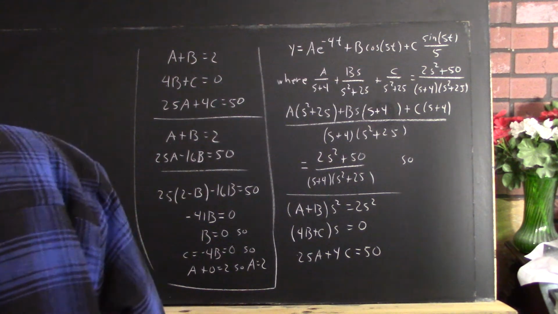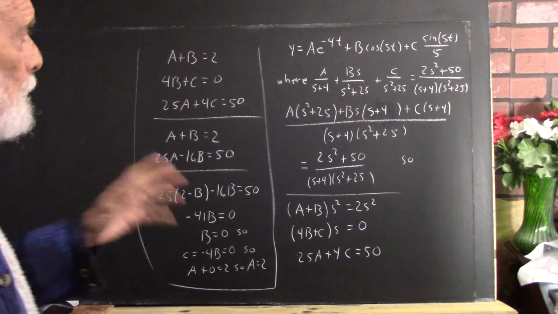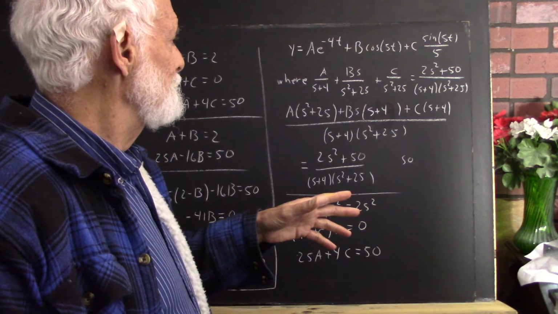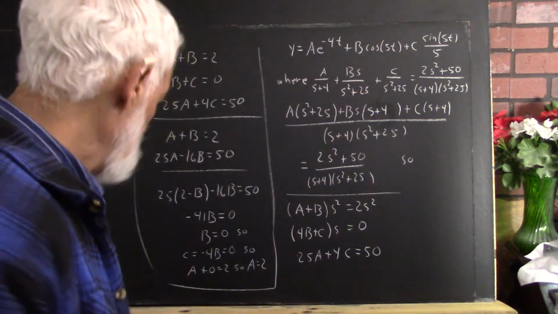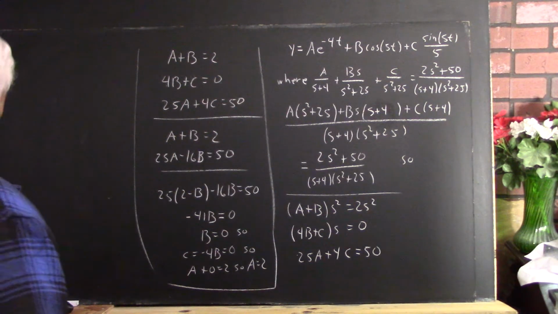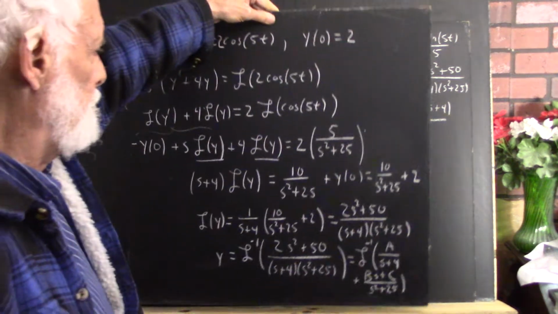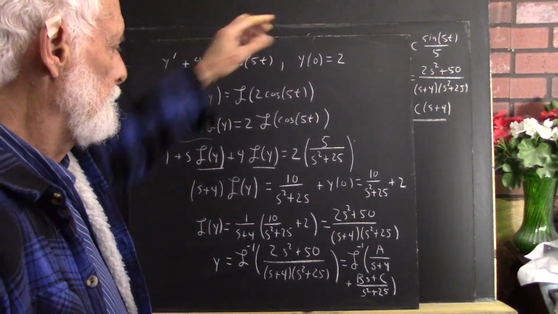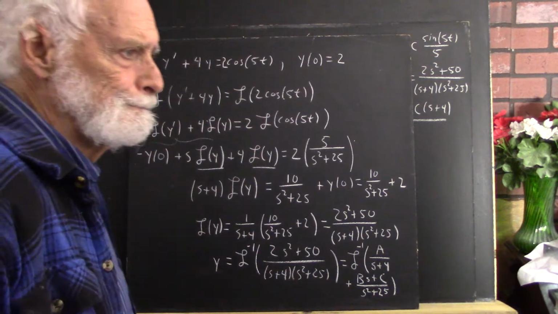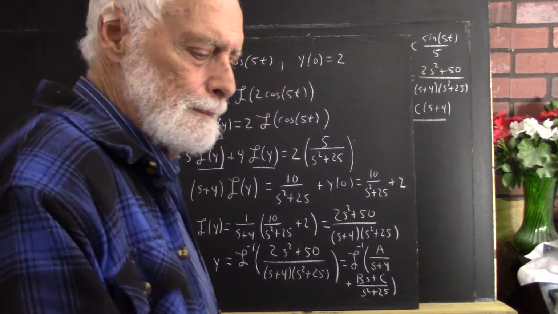It's where I had the y of 0 equals 2, which is what's going to say a lot about these coefficients. So let's take a quick look at that. Yep, there it is. Okay.